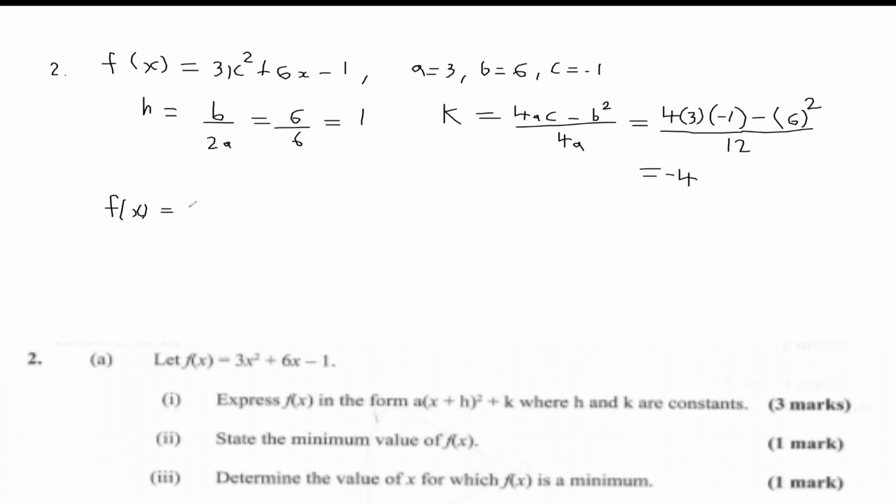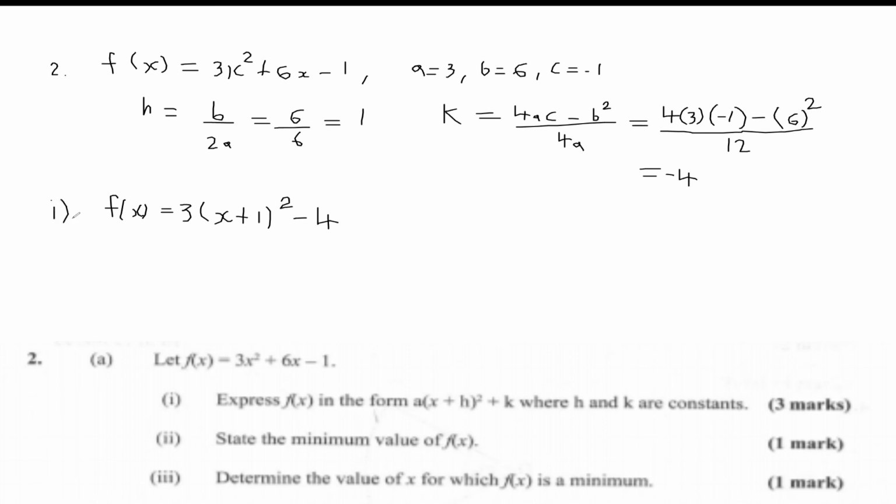A is 3. So it's 3 times (x plus h). What is h? 1. So it is (x plus 1) squared plus k. What is k? Negative 4. So this takes care of part 1. This is the solution for part 1.